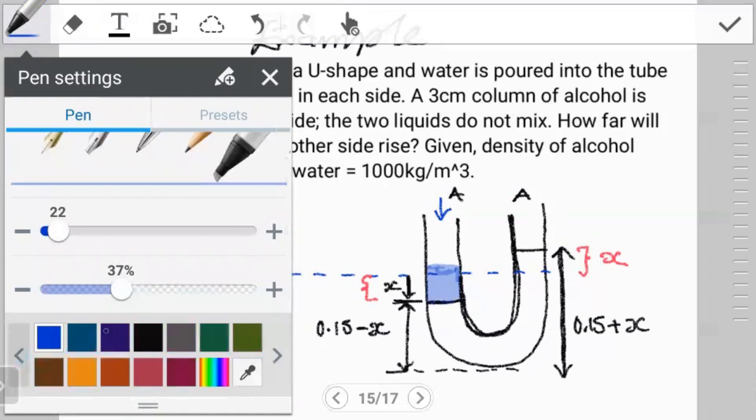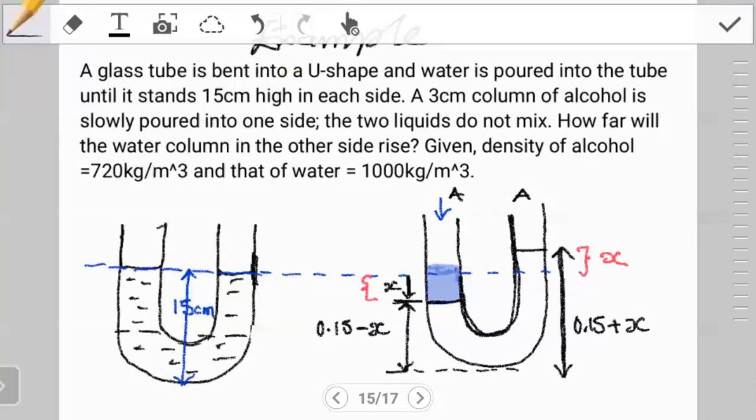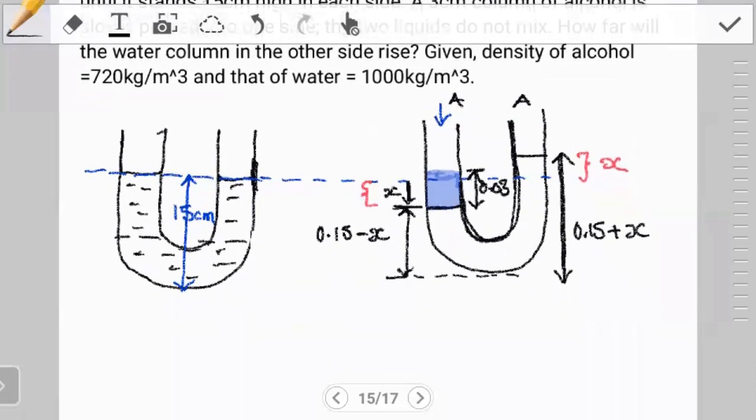We want to deal with meters. This implies that the column of alcohol added, if we measure it from here, 3 centimeters, is 0.03 meters.